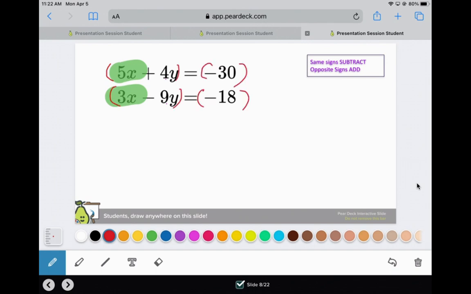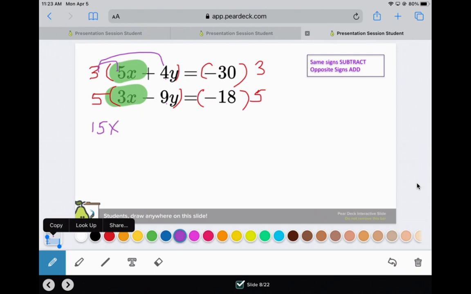So say this is a 3, I move it here, and I'm going to multiply the second equation by 5. So my new equation is 15x, distributing, plus 12y equals negative 90.